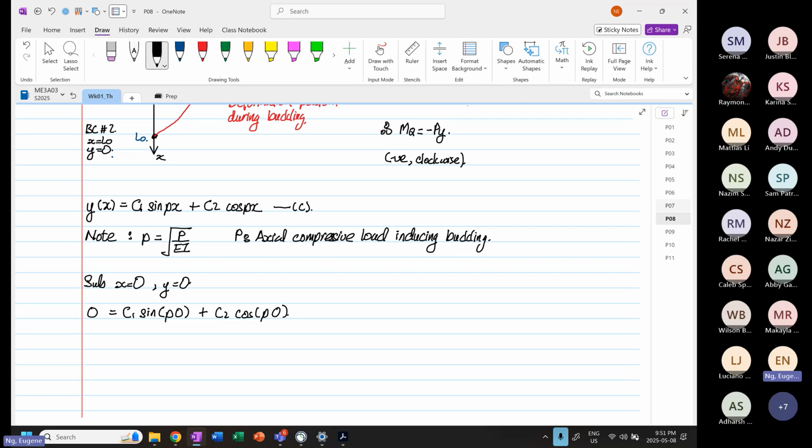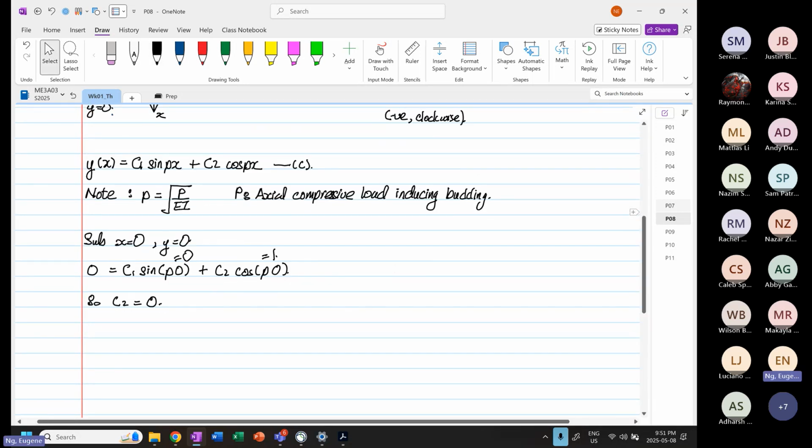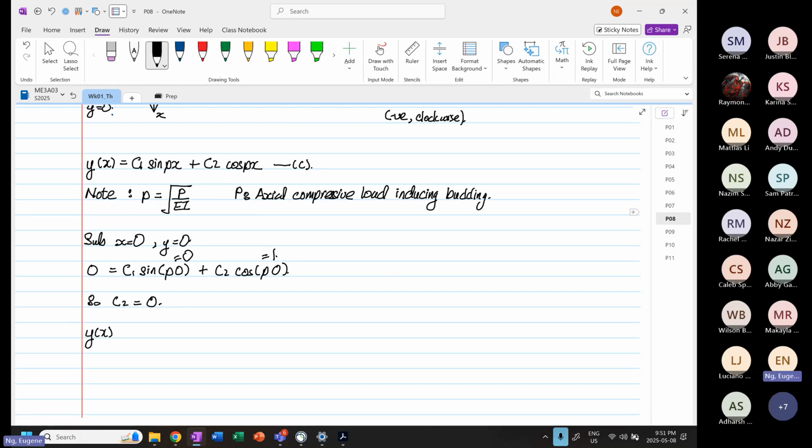We know sine 0 is equal to 0, cos 0 is equal to 1. So therefore, C2 is equal to 0. So knowing that C2 is equal to 0, y as a function of x will be equal to C1 sine px. So this is our equation D now.